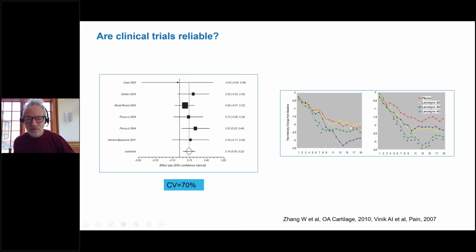And then if you do, then you can achieve the regulatory mantra of 2 adequate and well-controlled trials and get your drug approved. Well, in reality, replicate trials usually actually give you quite different results.